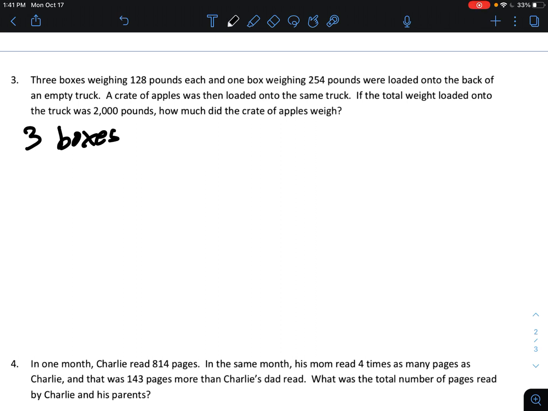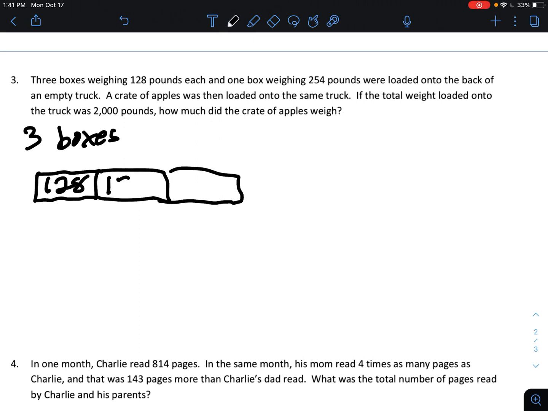weighing 128 pounds each. All right, so I'm going to draw this. This is perfect for drawing. 3 boxes. They each weigh 128 pounds. And 1 box weighing 254, were loaded onto the back of a truck.